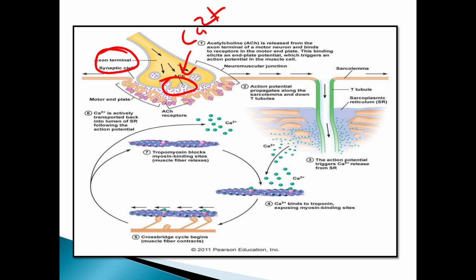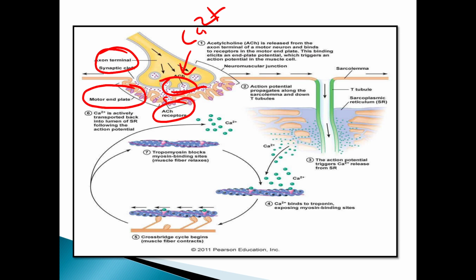So the neurotransmitter acetylcholine is released into the synapse region, diffuses, and binds to the acetylcholine receptors present on the motor end plate.